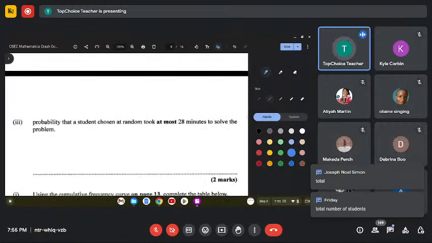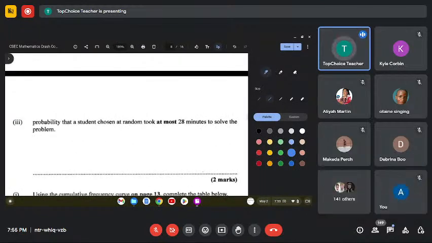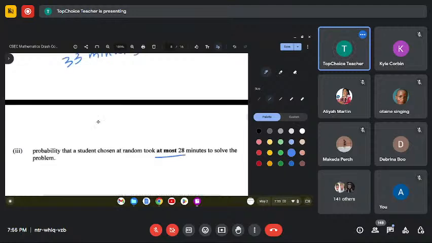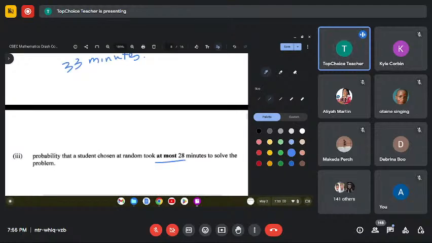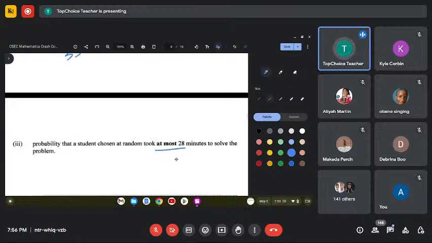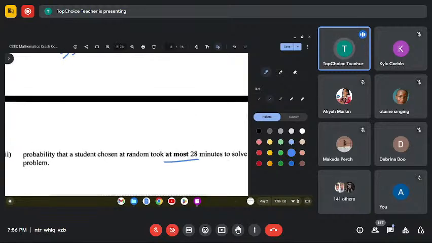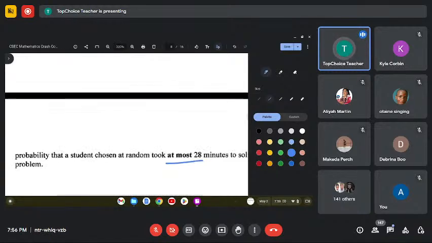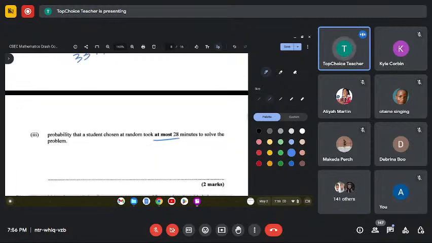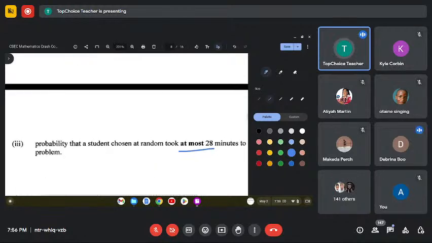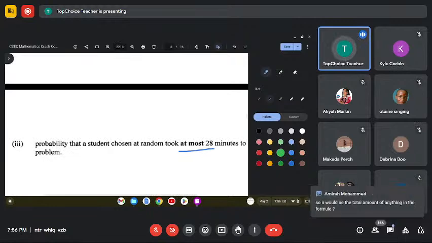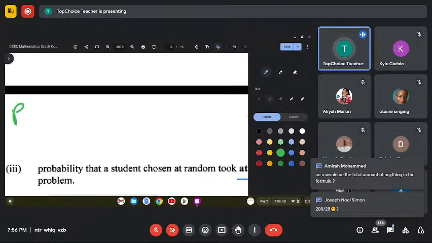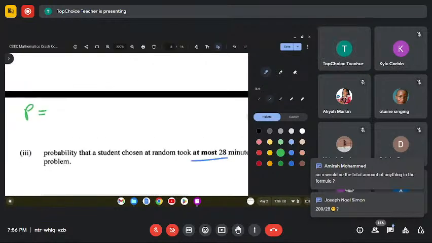What is the probability that a student chosen at random took at most 28 minutes to solve the problem? So, you want to figure out what is the formula for probability. There's a formula that you all would probably have encountered for probability. P for probability. What is the formula?